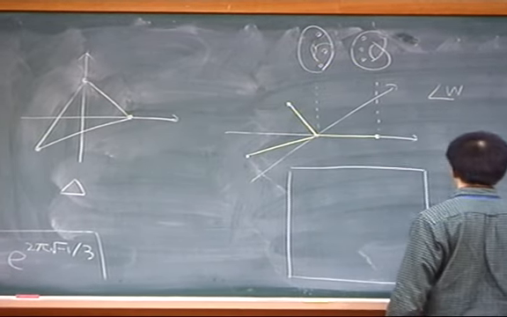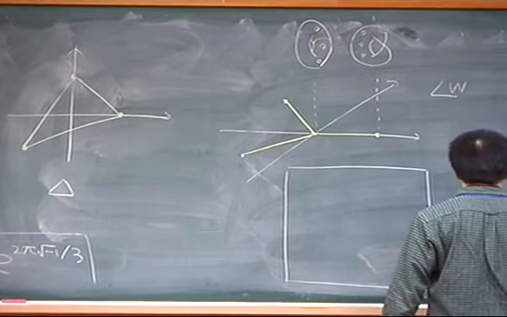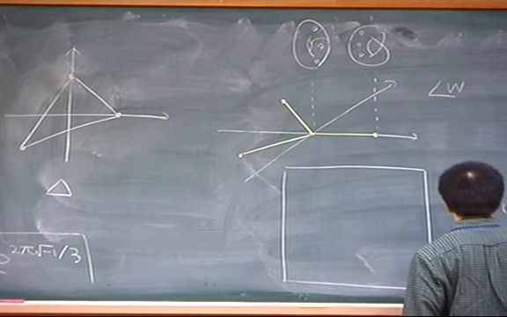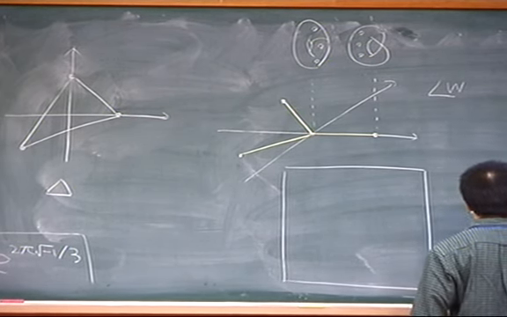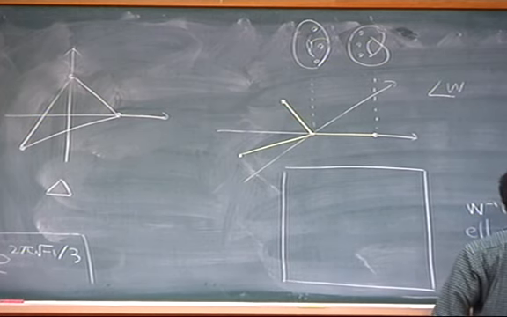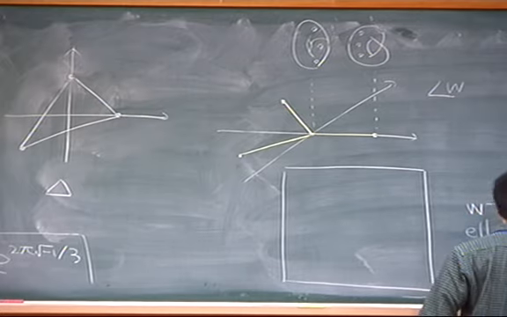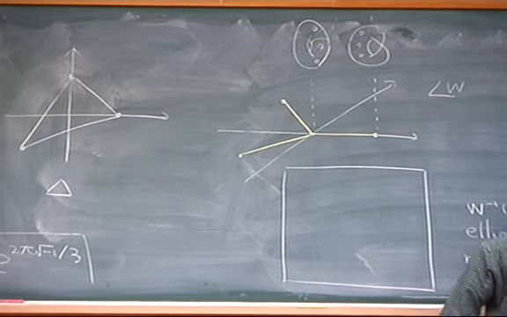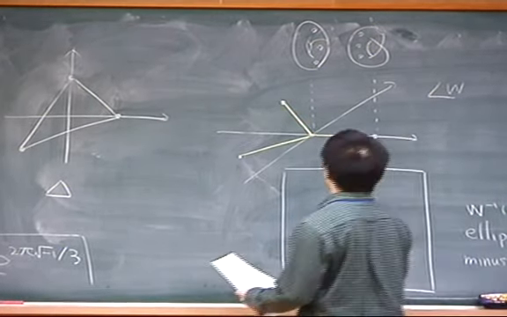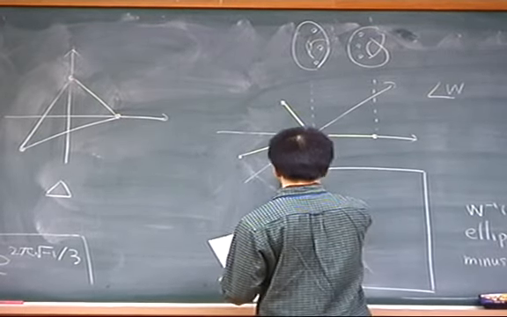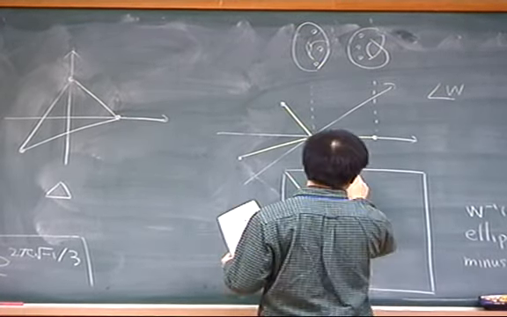So this is a fiber. This is an elliptic curve minus 3 points. And we have 3 vanishing cycles, which will look like this.